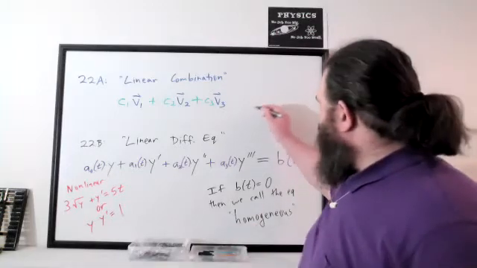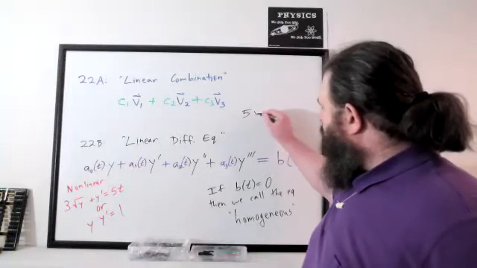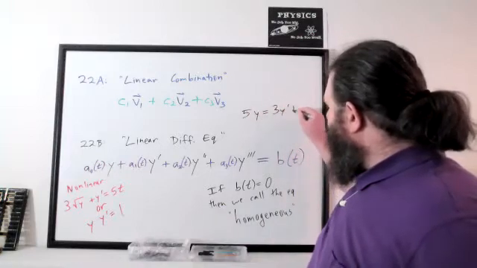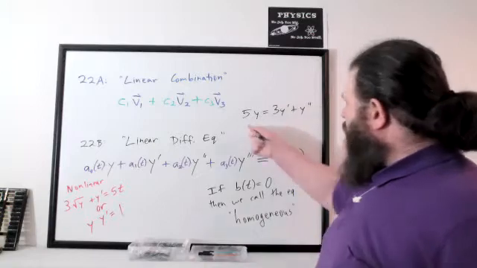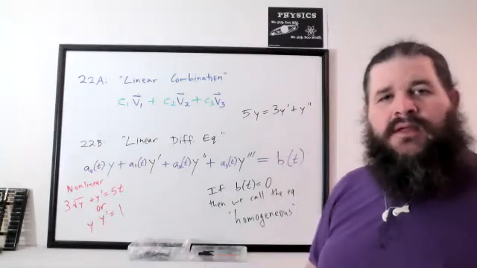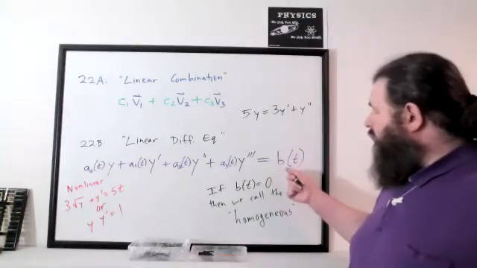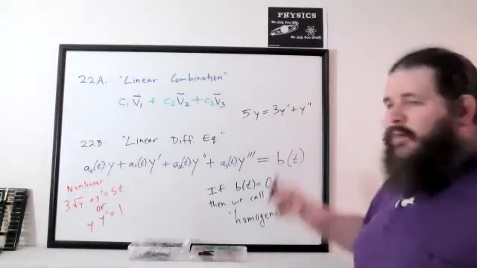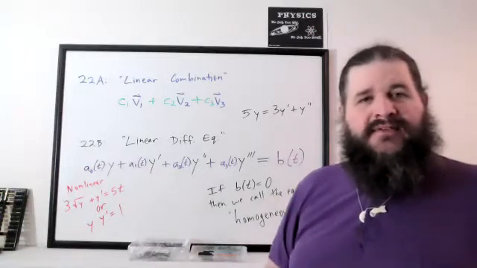So for instance, if we write an equation like, let's say, 5y equals 3y prime plus y double prime, this counts as homogeneous, even though it doesn't look like equals 0. The important thing is there is no term without a y in it. Every term has a y or a y prime or a y double prime or whatever.